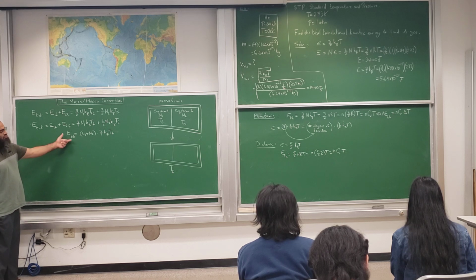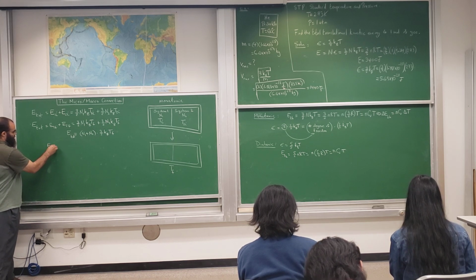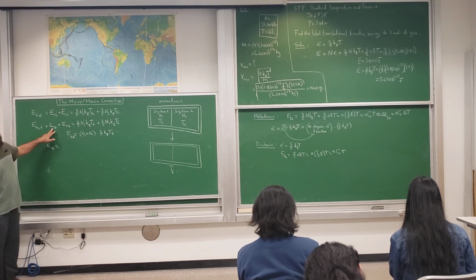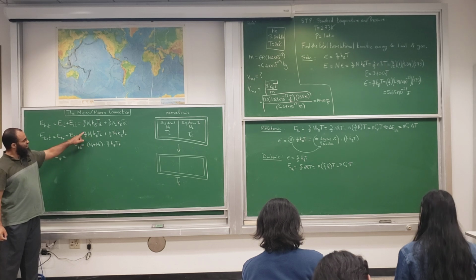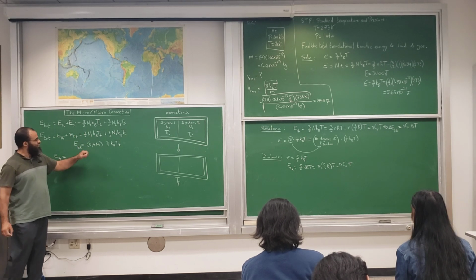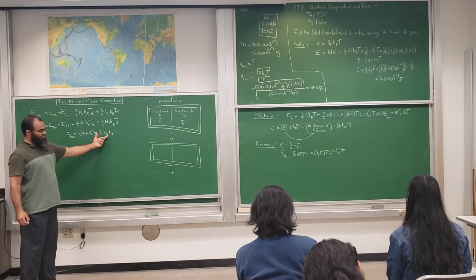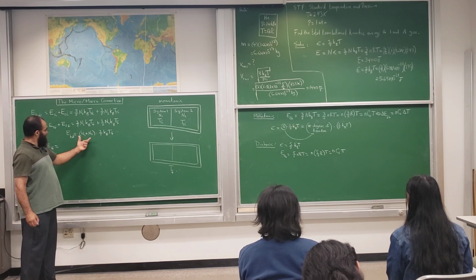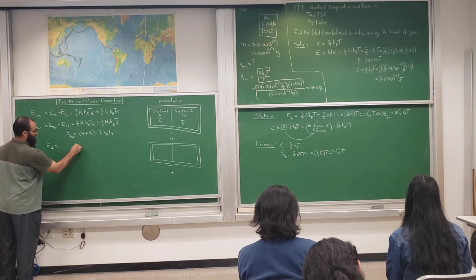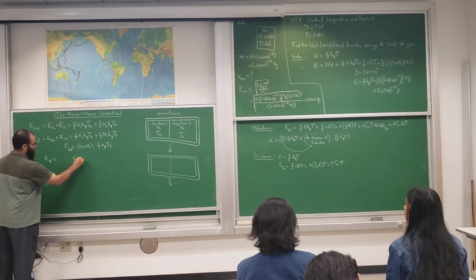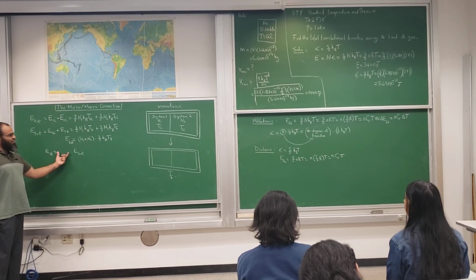Now let's write E1 final in terms of E total. Look at E1 final. It's N1 times 3 halves kB T final. But E total has N1 plus N2 times this. So I want to write something times E total equals E1 final. What would that something be?